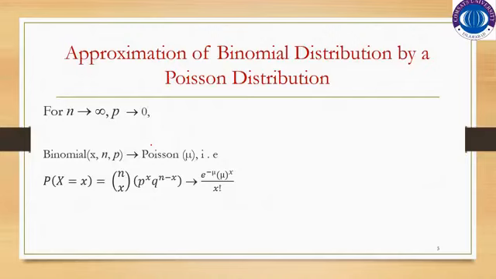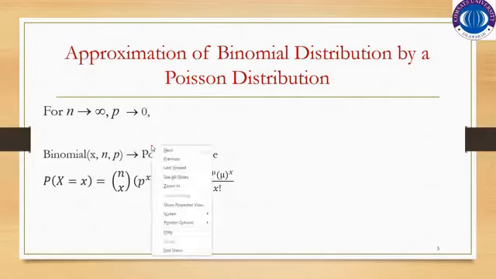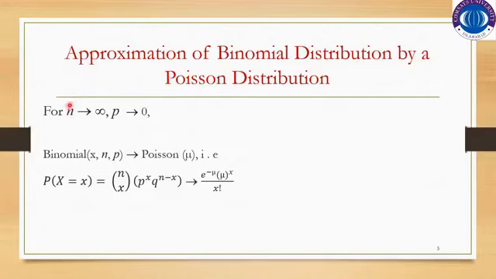Approximation of the binomial distribution by a Poisson distribution. If you recall from the previous lecture, the binomial distribution has two parameters, n and p, where n is the number of trials, or number of times the experiment is performed, and p is the probability of success.